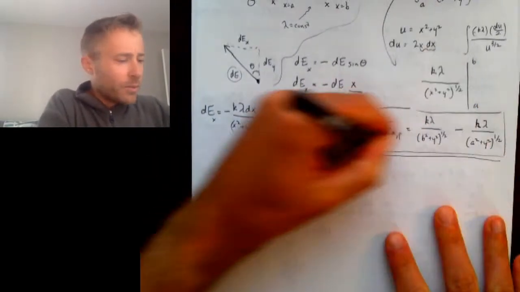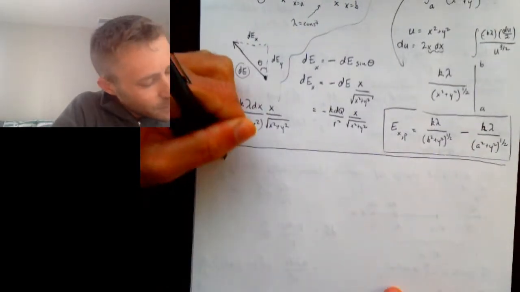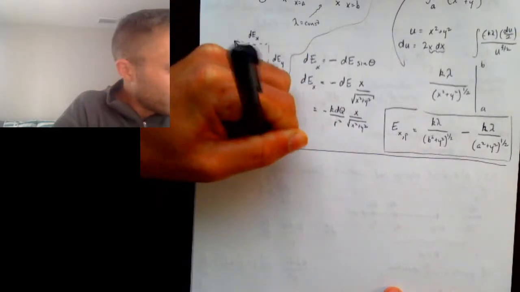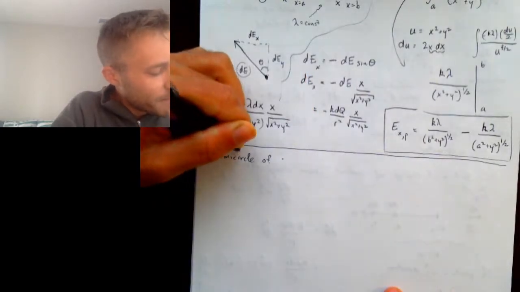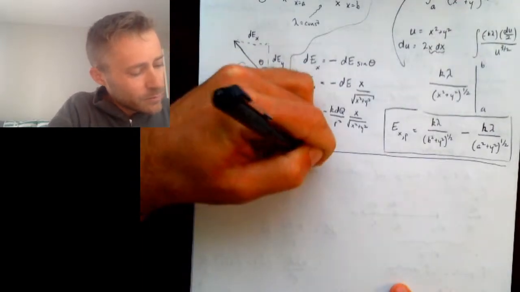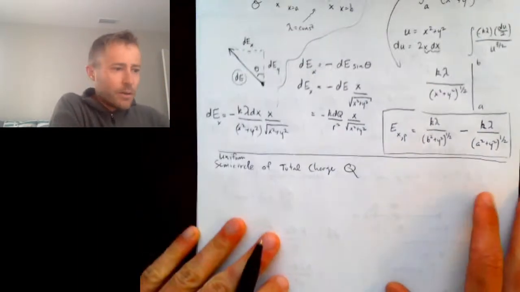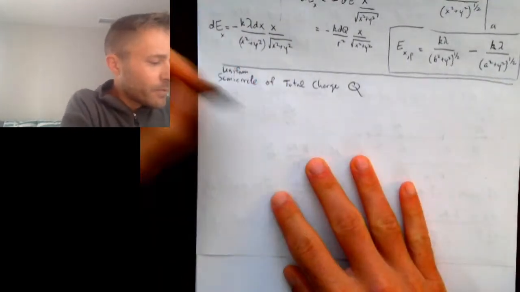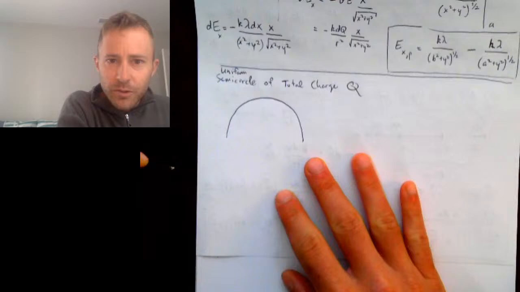So we're going to do one more example, which is a semicircle of charge. I'm going to say a uniform semicircle of total charge Q. Here's our uniform semicircle.